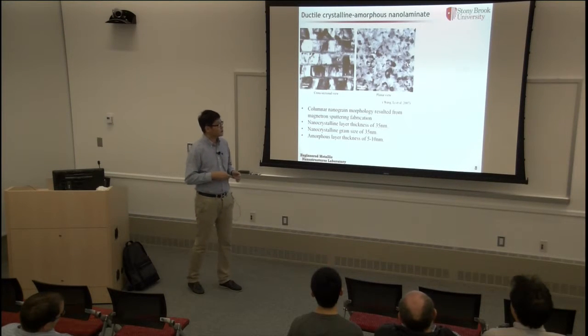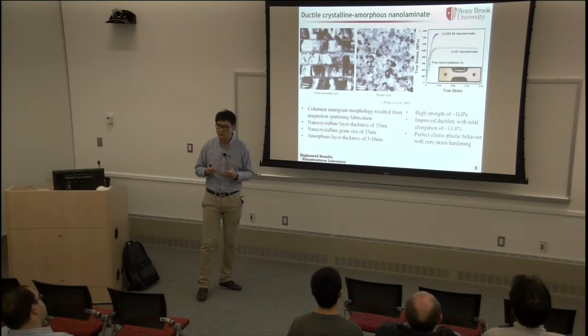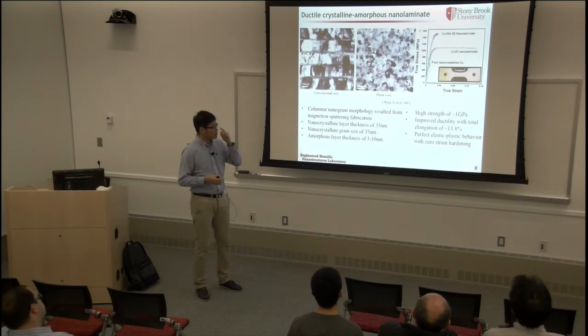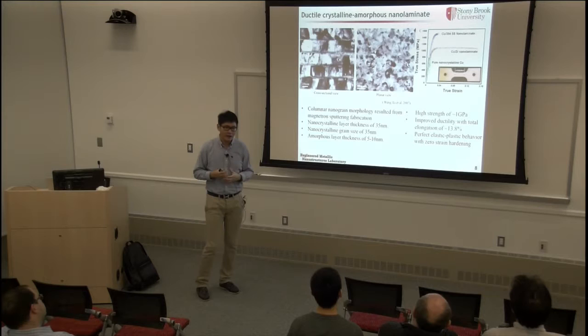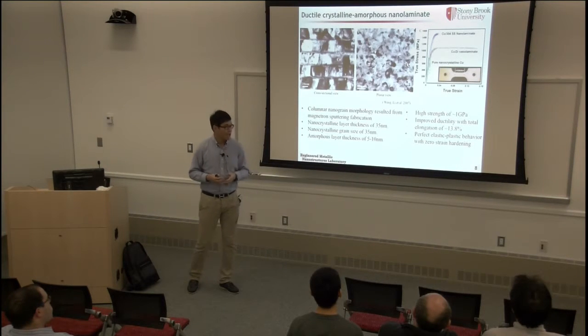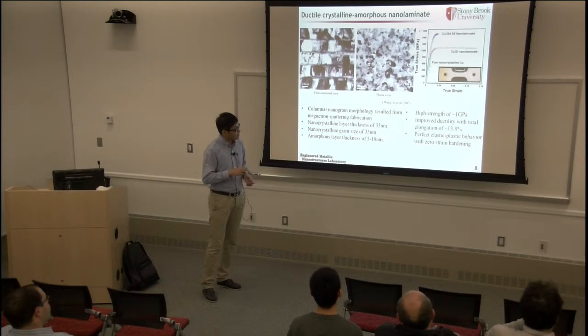Under uniaxial tensile loading, the material can reach as high as 1 GPa strength. It has improved tensile ductility with a total elongation up to 13.8%, and the stress-strain curve shows a perfect elastic-plastic behavior with zero strain hardening.